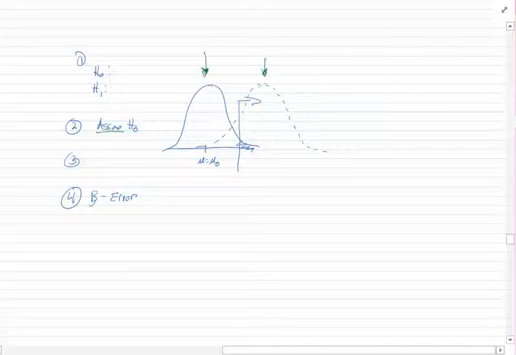Blue one, green experiment. We've assumed the blue one to be true, but the green dashed one really is. So this is the real one that underlies our experiment, right?